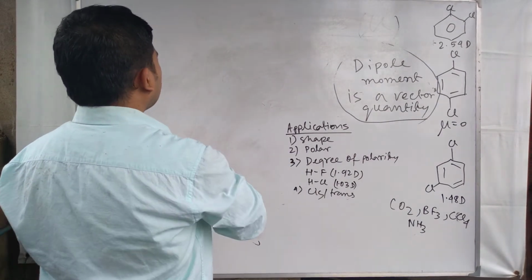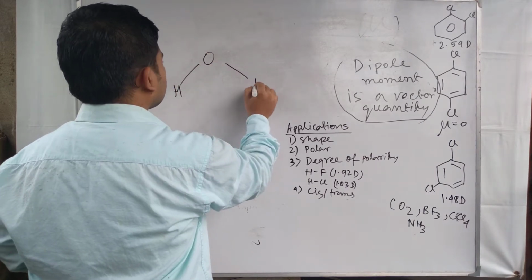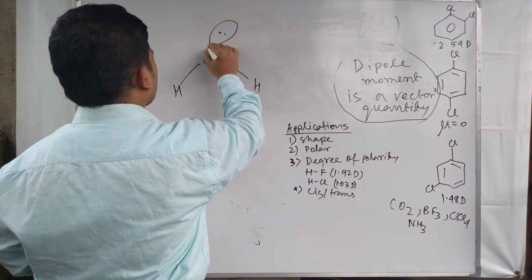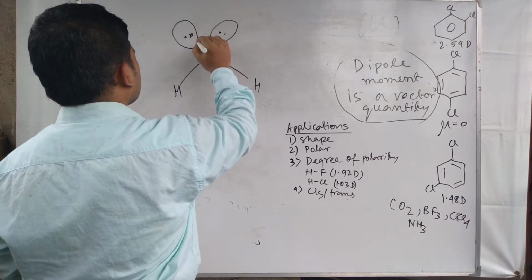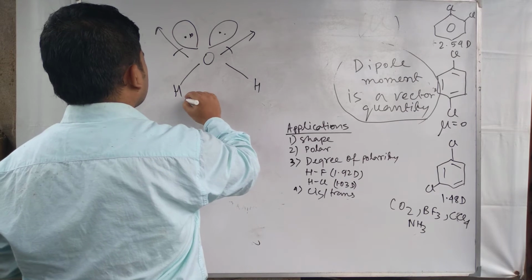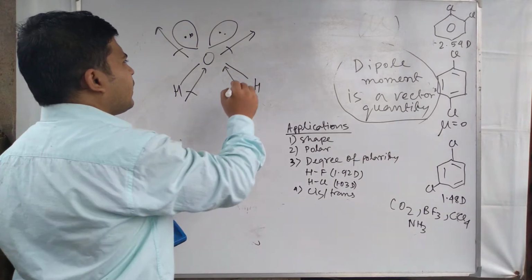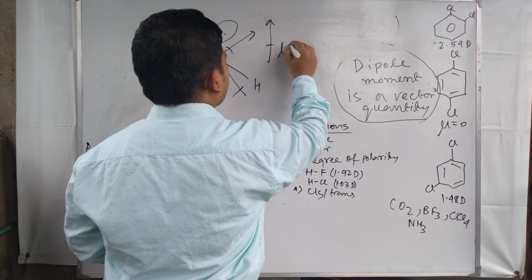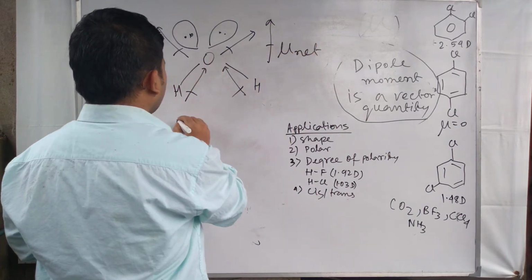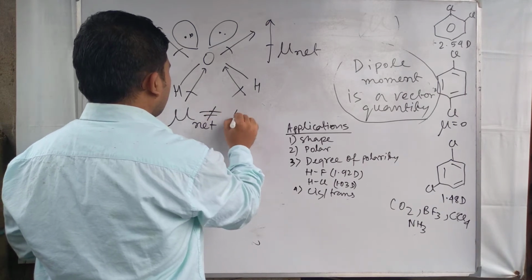Next example is water. The net dipole moment is in this direction, that is the mu net. So the molecule has mu net not equal to 0.